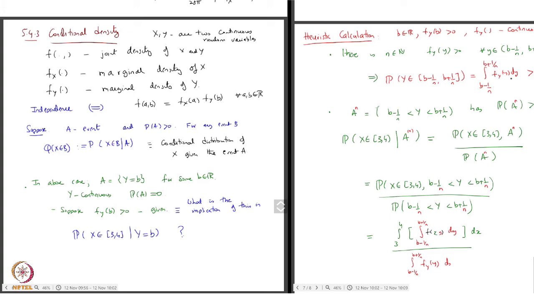It does depend on n, but it's strictly positive. But once you do that, you can go the conventional way. Let's say x in 3, 4 given A_n is the same as x in 3, 4 and A_n divided by this. And that, if you work out, is exactly going to be this probability by this probability. The top one is given by the joint density, the bottom one given by the marginal.